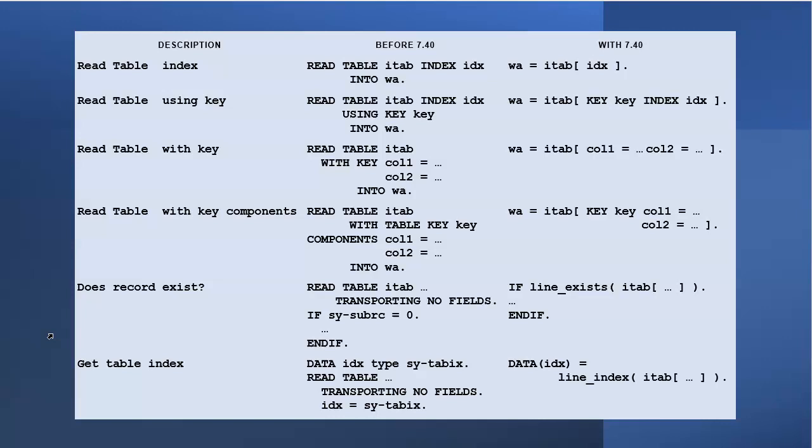To get the table index, you can simply declare a variable, an integer, where you get the value, and then in the line_index method you can pass the internal table with the conditions. This makes your work half.